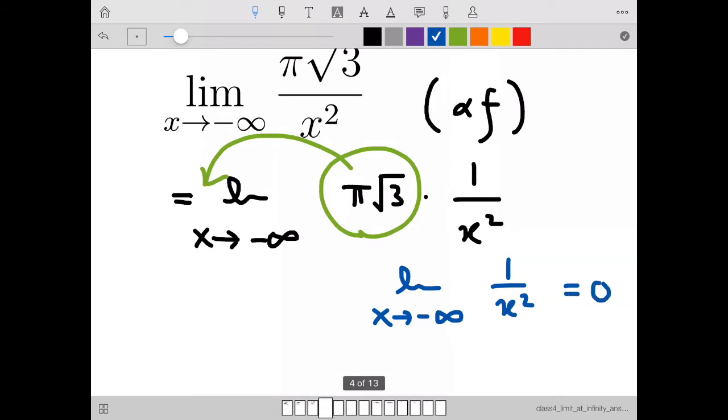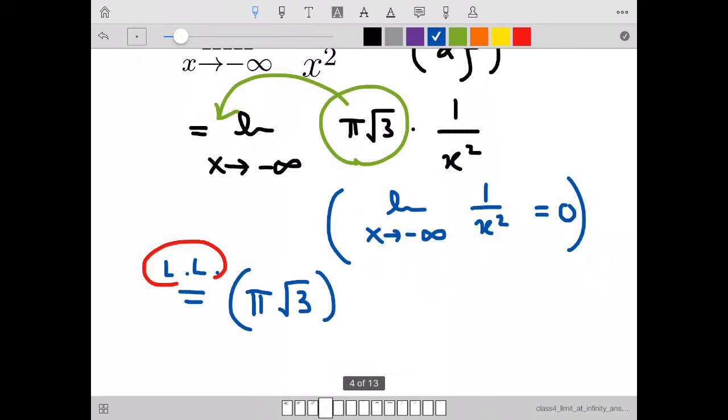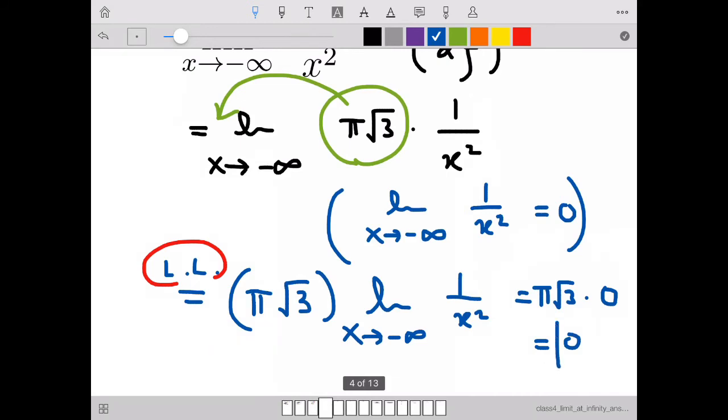So we can apply limit law because this has a finite limit, right? So by limit law, it is pi square root of 3. When you take the exam, you have to state this. Okay? Constant times the limit of the function 1 over x squared. So we get the constant multiple of the limit of the function, and we get 0.